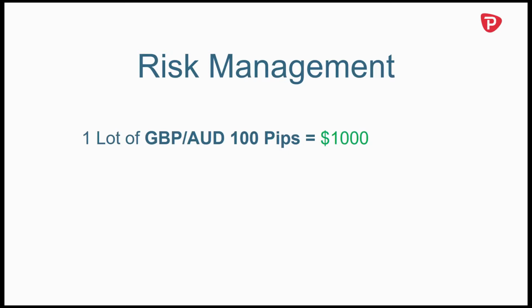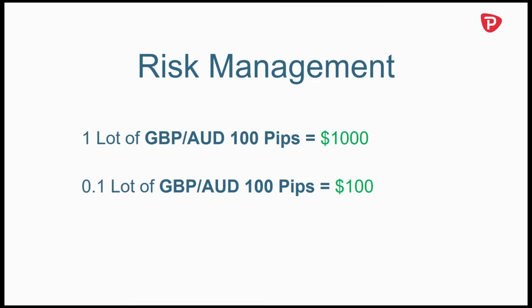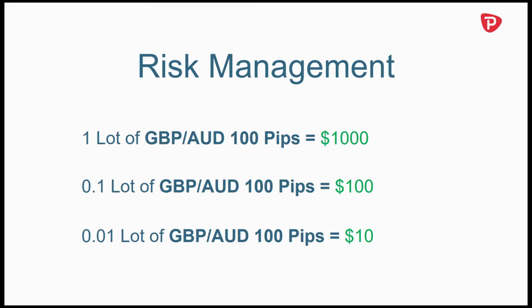And in this case, we have the Australian dollar as the quote currency, and our trading account would be in Australian dollars. If we were trading 0.1 lot of that same currency, 100 pips would equal $100. And if we were trading 0.01 of a lot of that same currency, 100 pips would equal $10.